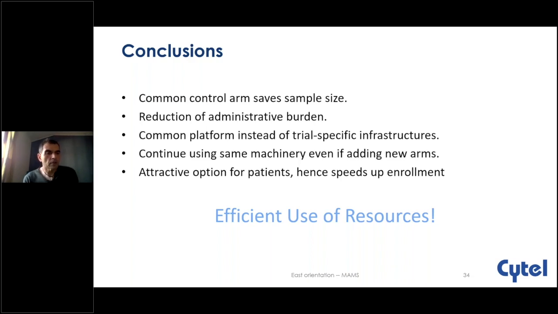Efficiency can be quantified in terms of your increased recruitment of subjects, speeding up of enrollment, and therefore minimizing your trial time, and increasing the chance of success of your study, which is achieved by having a common control and comparisons to that. So in many aspects, yes, this is an efficient use of resources.